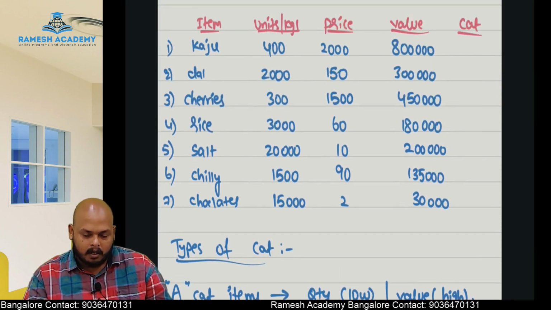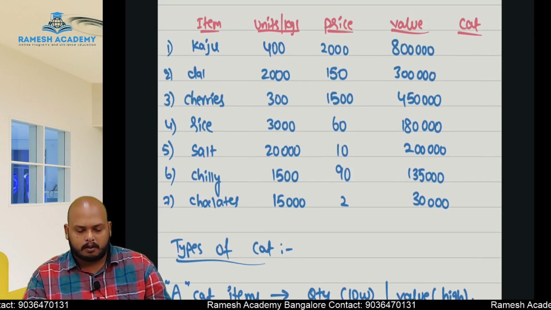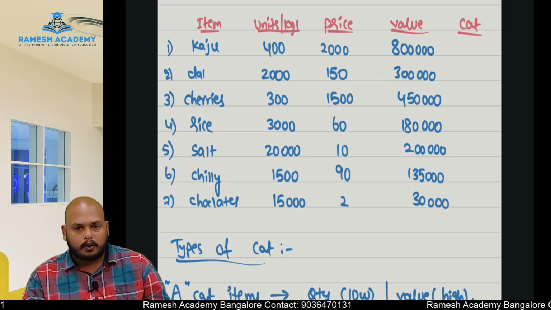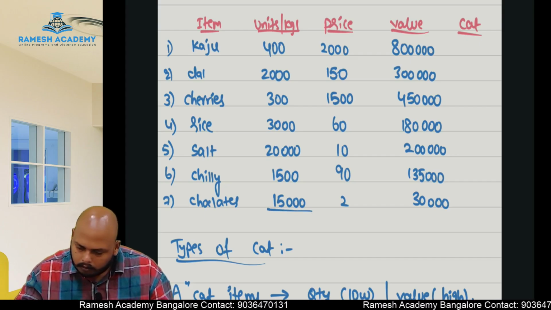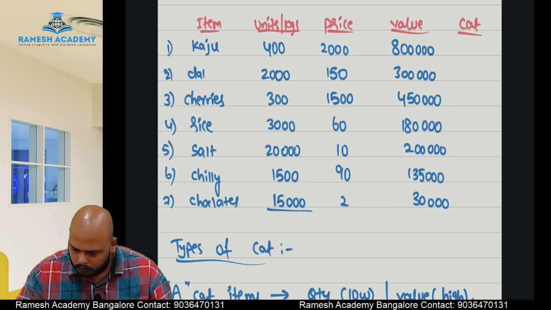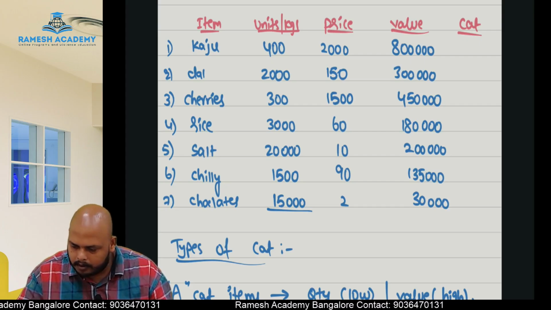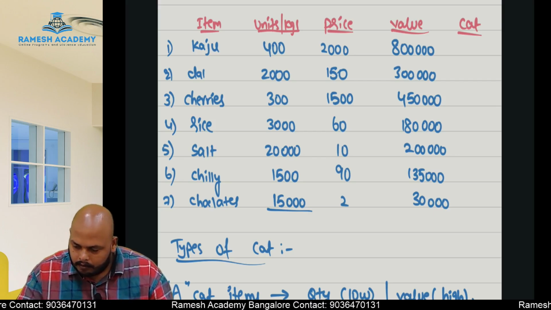High control. See here, Kaju, how many kgs do we have? 400 kgs only. Out of the total quantity, add up 400 plus 2000 plus 300 plus 3000 plus 20,000 plus 1500 plus 15,000.